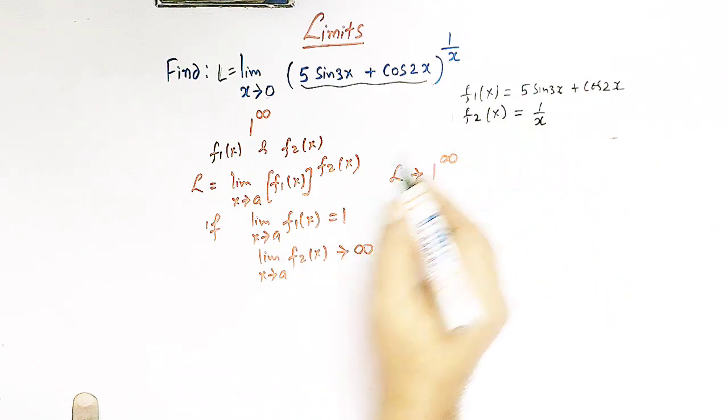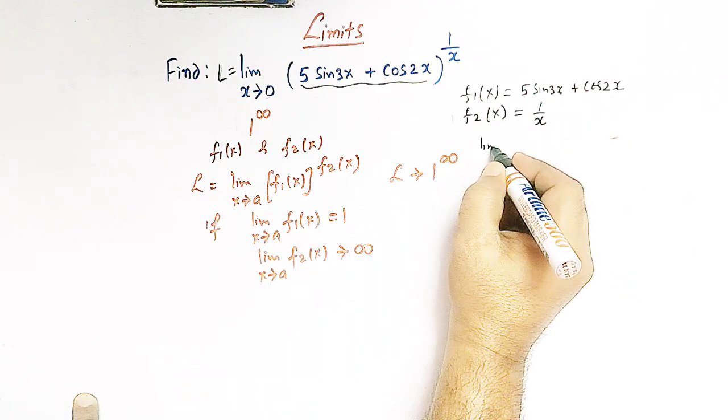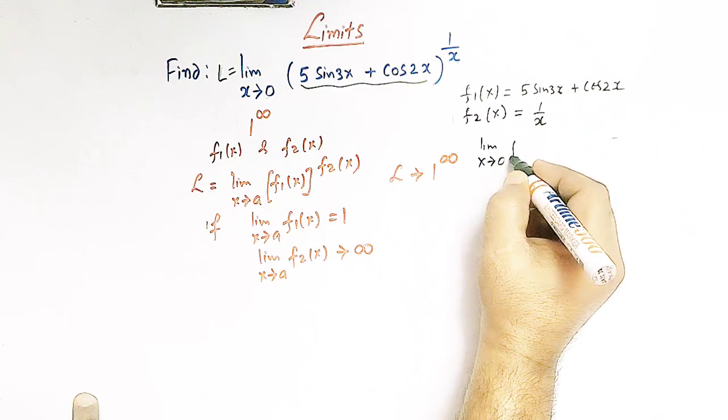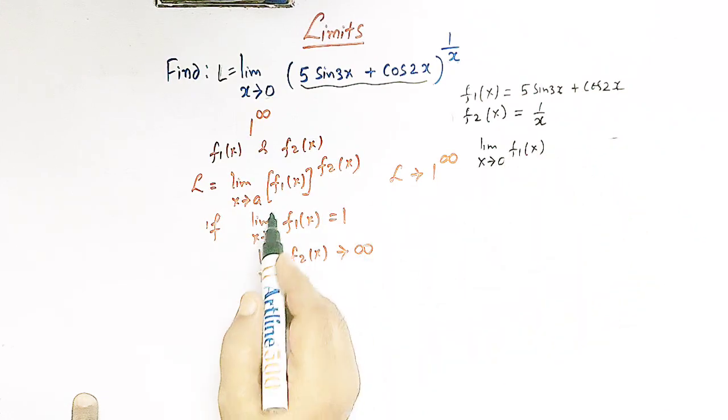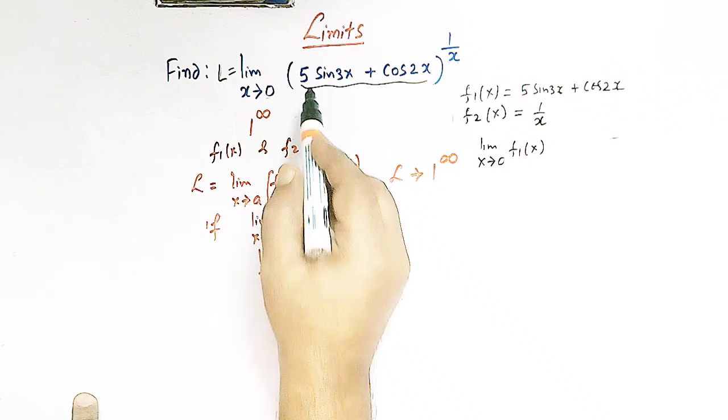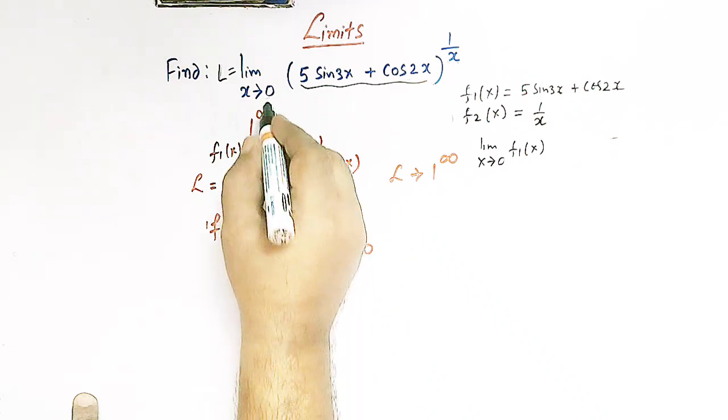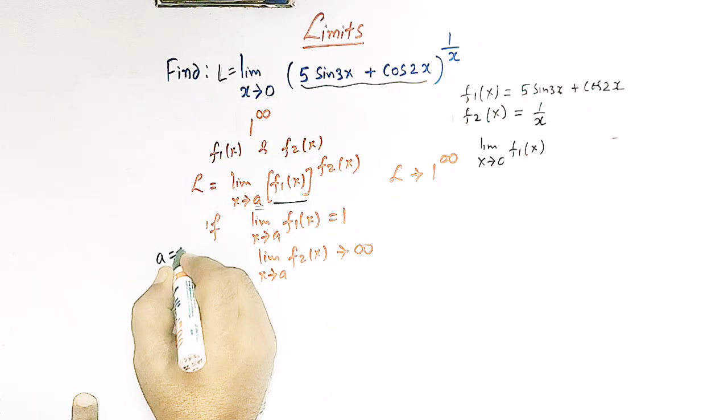Now let us calculate the limit as x tends to 0 of f1(x), because if we compare this limit with this one, then the value of a is given by 0.